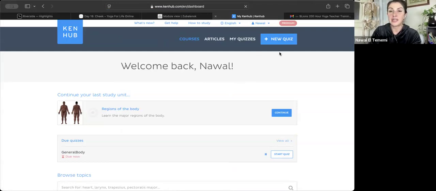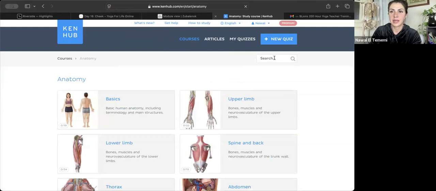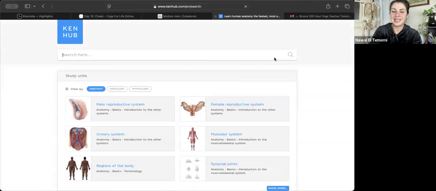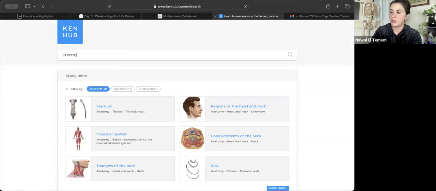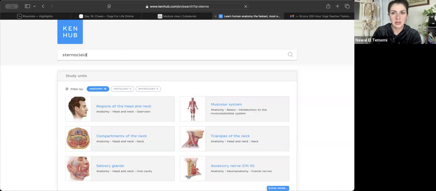So now if we go on to page 55, if you're not already there, anatomy. So the SCM, sternocleidomastoid.